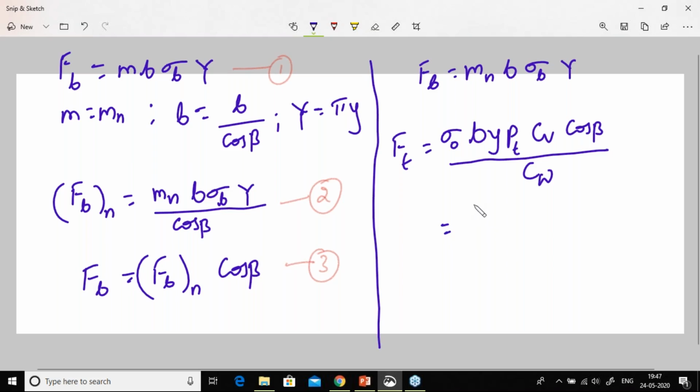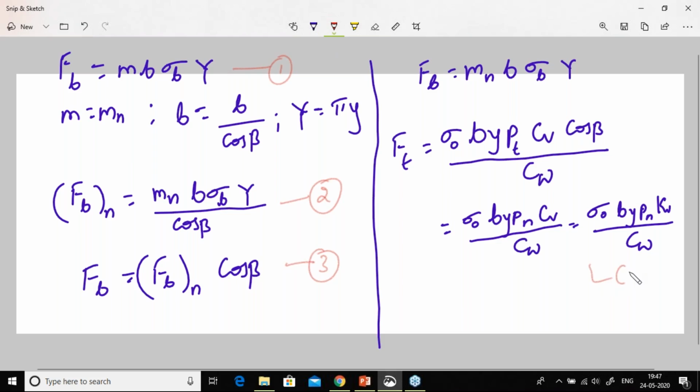So that can be written as sigma naught B Y Pn into Cv divided by Cw. So instead of CV, we can write as kV also. That is sigma naught by Pn kV divided by Cw. So this equation we have in the data handbook, that is equation number 23.286. So this is the modified Lewis equation.